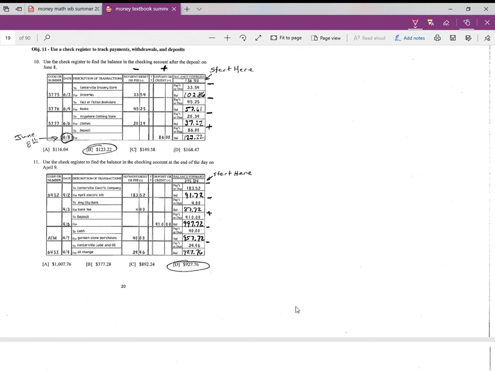A check register is a way to keep track of the money you have in your checking account. Again, people are getting away from using this because we don't write a lot of checks, so you're not using your checkbook.